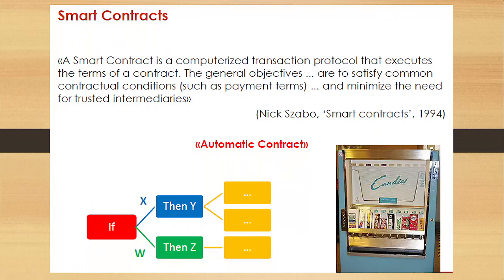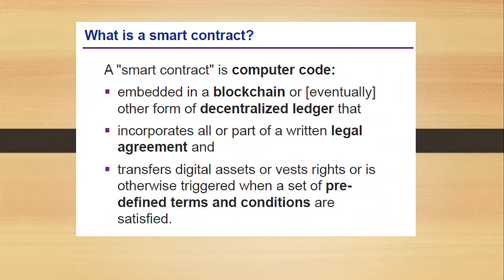This particular kind of smart contract can be implemented in different areas, for example if people want to make payments, purchase buildings, or renew a driving license. We are going to look at different case studies of these smart contracts. To break it down, a smart contract is computer code.